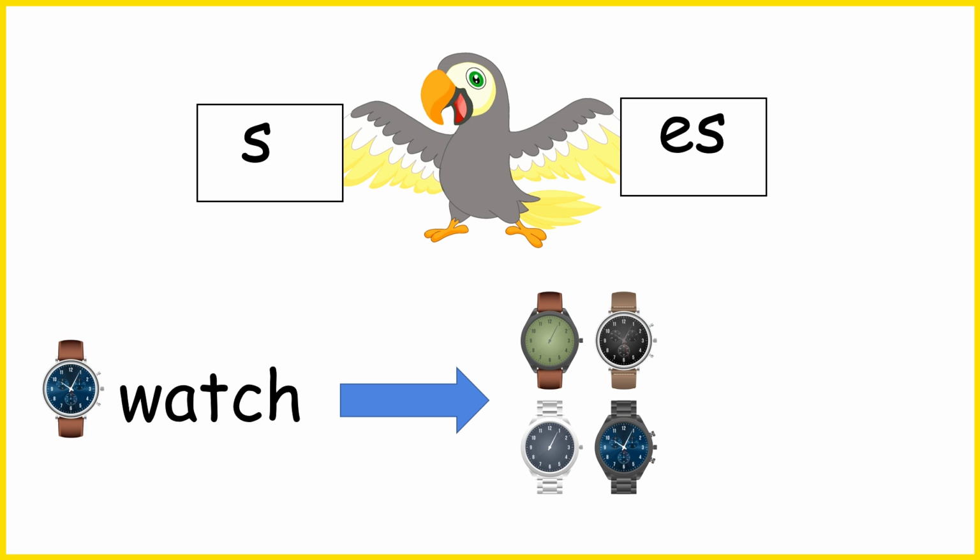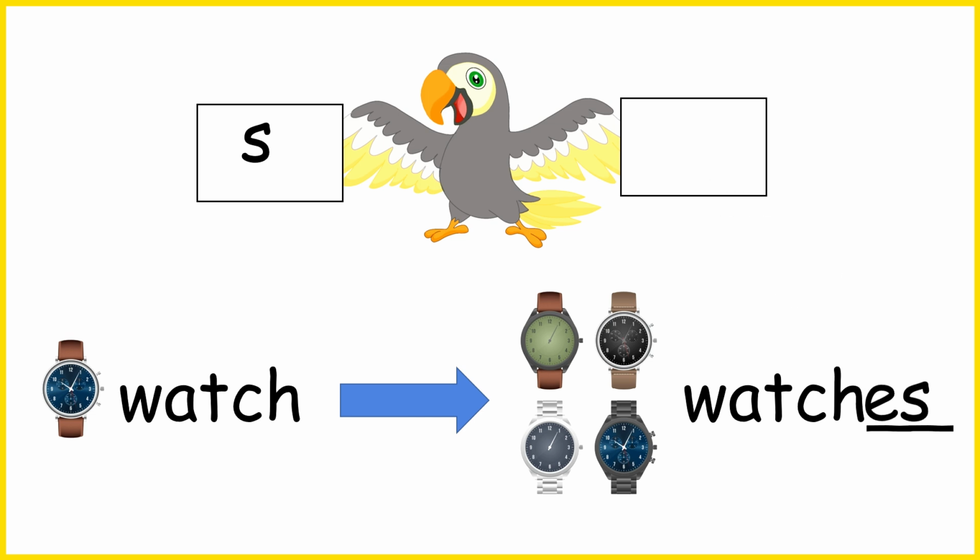If I turn it into more than one watch, it becomes watches. Do I need to add an S or an ES? You're right. We add ES because watch ends with CH. And if something ends with CH, we add ES to make it plural.